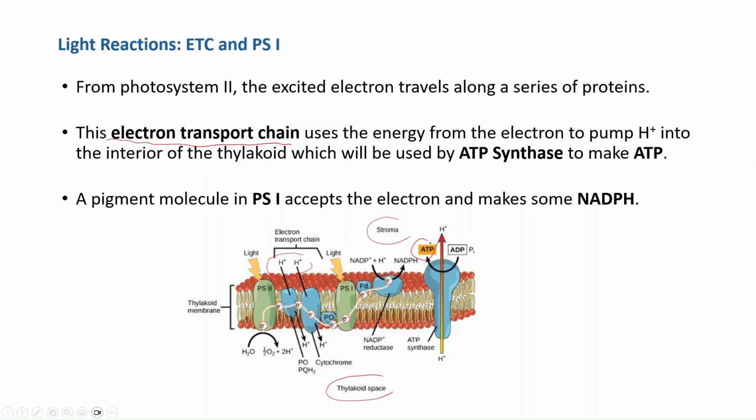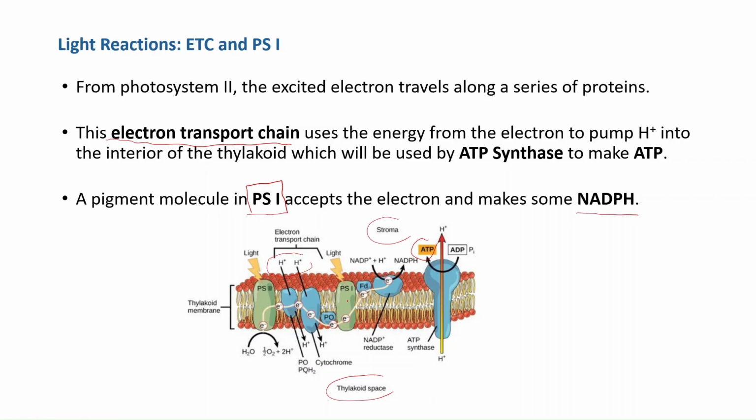The big difference is you don't have oxygen as a final electron acceptor. That electron, when it gets to the end, it goes to the photosystem 1, and the chlorophyll in the photosystem 1 accepts the electron and uses it to make NADPH. Why?